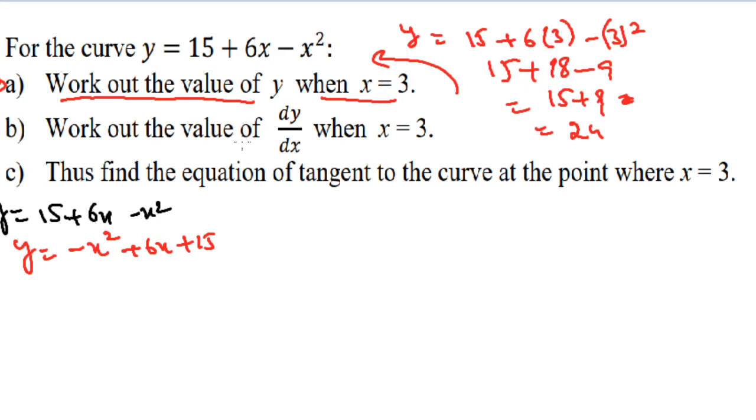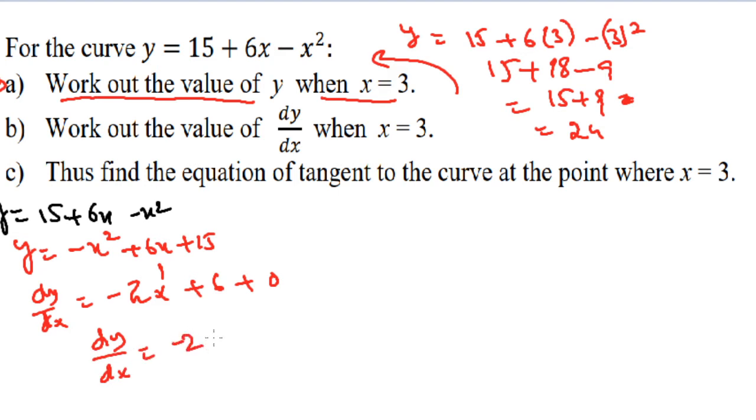Now work out the value of dy dx. So how to find dy dx here? Let's do part B here. dy dx is minus 2x and 1 and plus 6 and plus 0. So that is the value of dy dx, which is minus 2x plus 6.